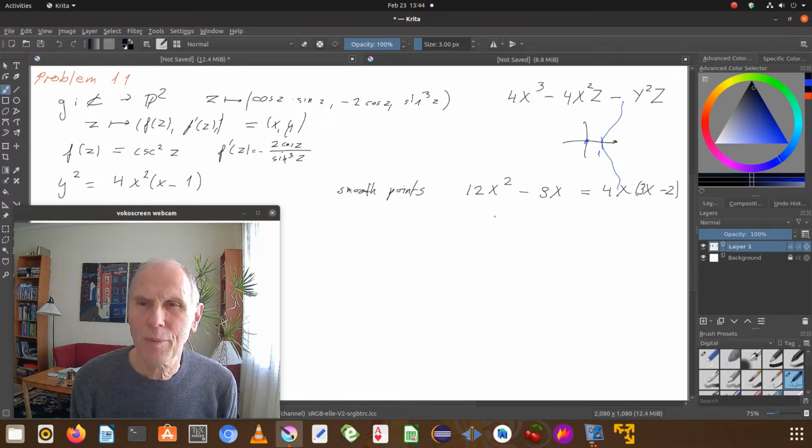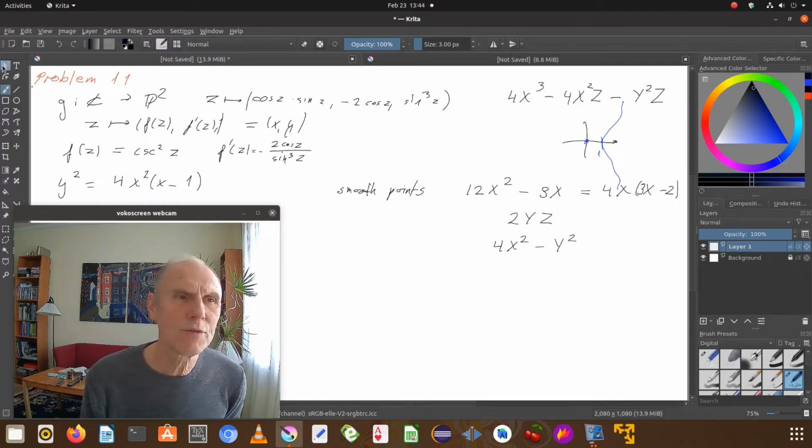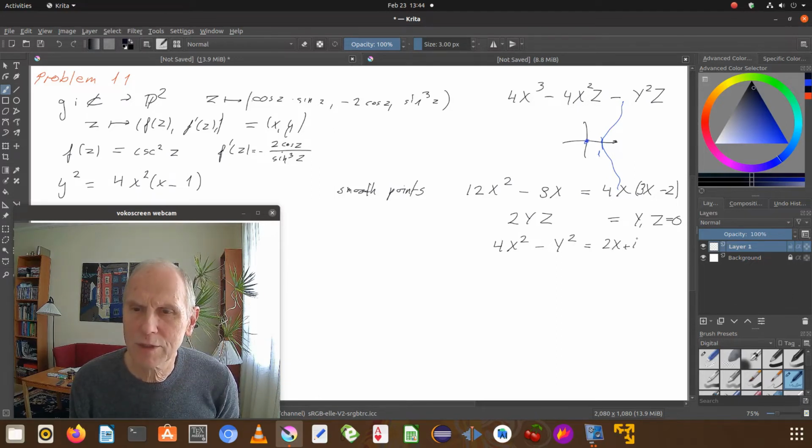And the derivative with respect to y and with respect to z. So, common solutions of these three equations. This one simply gives x or y vanishes, and this one gives 2x plus iy, 2x minus iy.